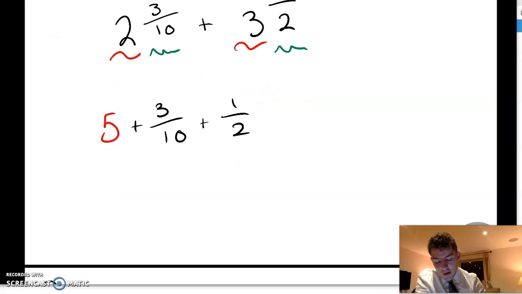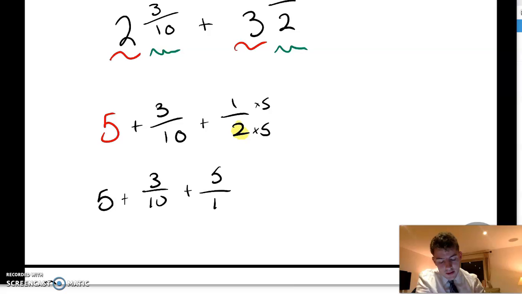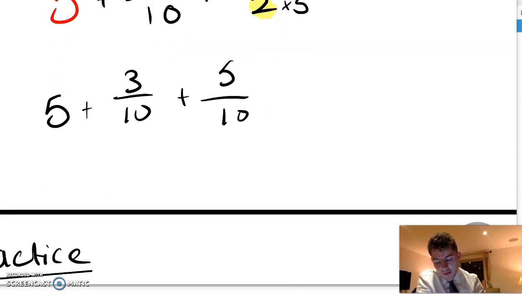We need to get the same denominator, so 5 plus 3/10. This 2 here, we're going to times by 5, top and bottom, so we're going to add on 5 over 10. And now we have 3 plus 5 is 8, so 5 and 8/10. And there we are.